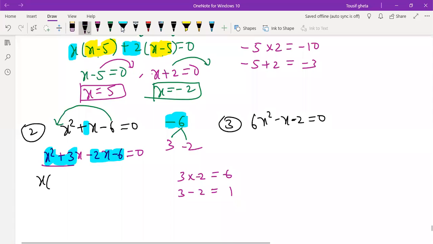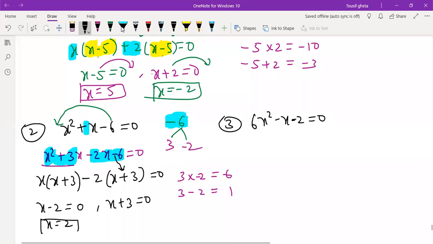Here minus 2 common: minus 2 ones are minus 2 and minus 2 threes are minus 6. You know, whenever you take minus common, inside the bracket the sign will get changed. Remember, whenever you take minus common. Equal to 0. The answer will be x minus 2 equals 0, x is equal to 2. Another answer, x plus 3 is equal to 0, x is equal to minus 3. Next question.